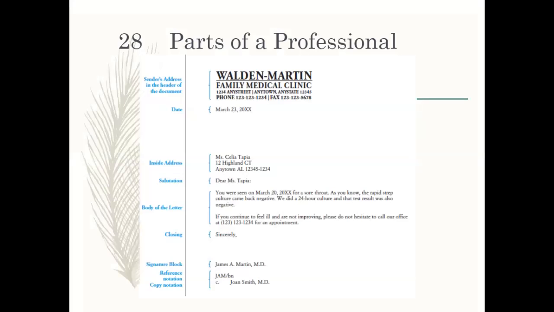The sender's address is in the header of the document. Then you're going to have your date. Then the inside address, your salutation, the body of the letter, your closing, your signature block, reference notation, and copy notation. So if you're sending a copy of this letter to someone, you would just put CC John Smith.